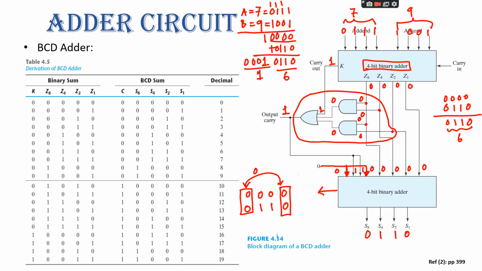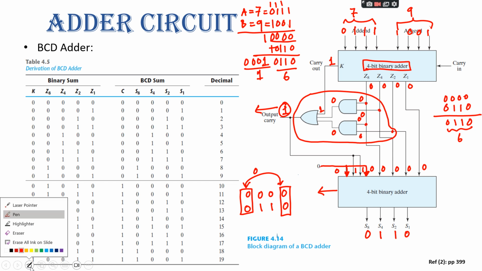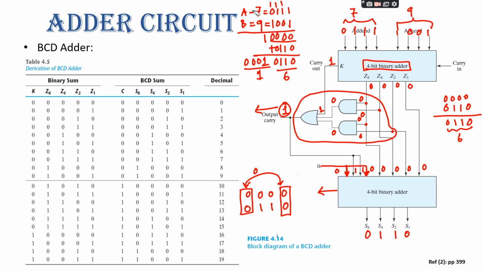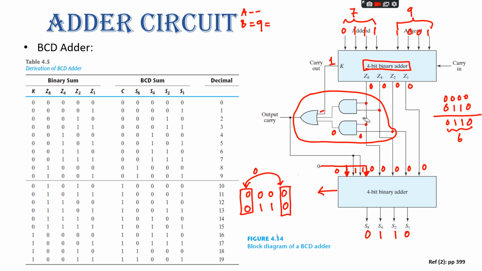Now the carry comes here, right? So the carry is 1 here, that is going out. Now tell me one number whose addition gives you less than 9. Tell me one number. 2 and 5.